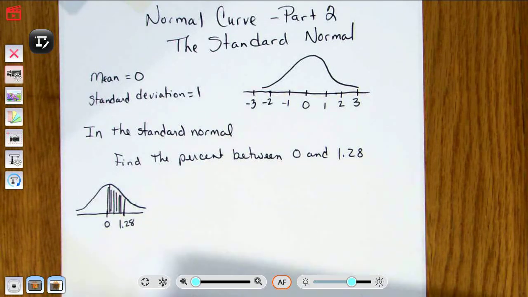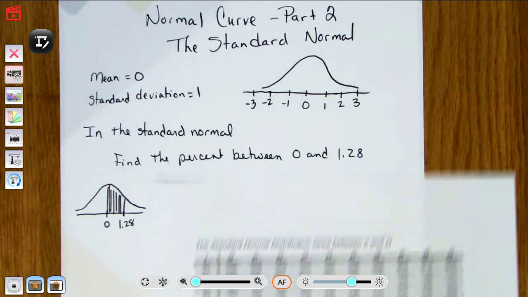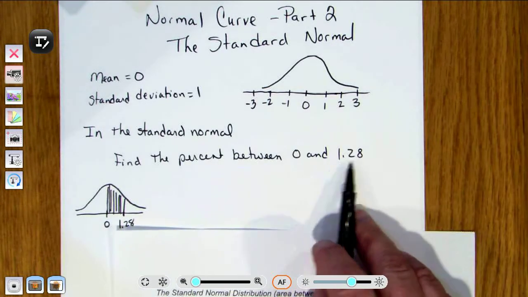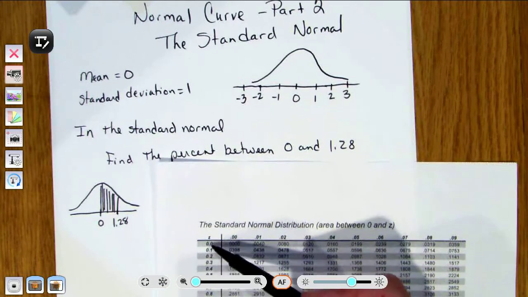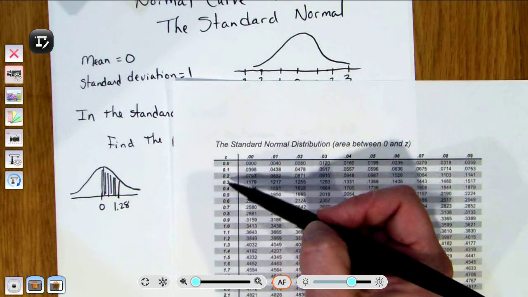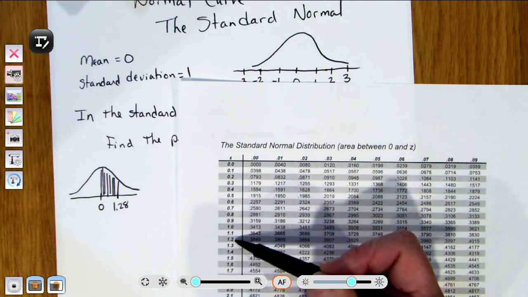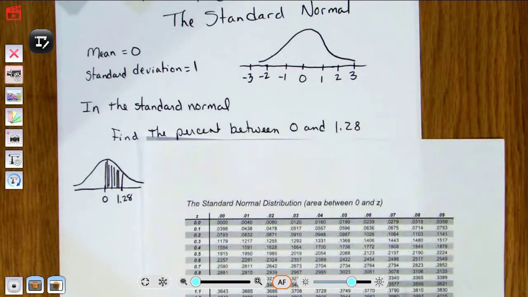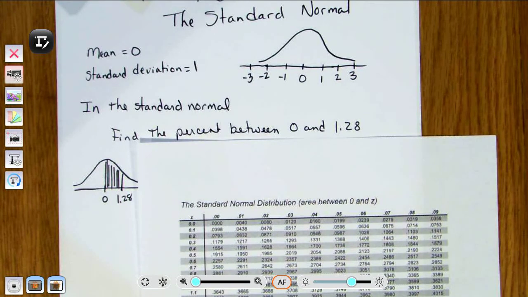To use the table, the first 2 digits, that 1.2, are found going down this side. You'll see that it's 0.0, 0.1, 0.2. So we're going to come to that 1.2. Then my 8 is where I'll get that other digit, so we're going to go across.